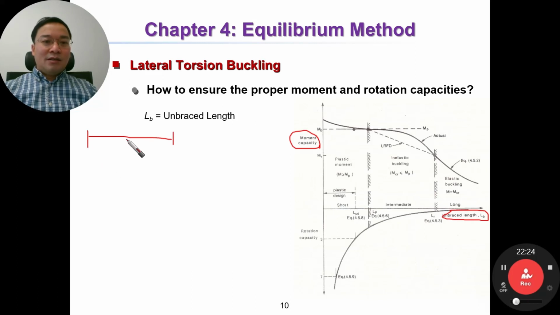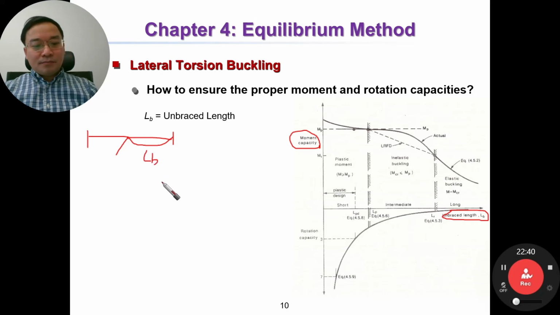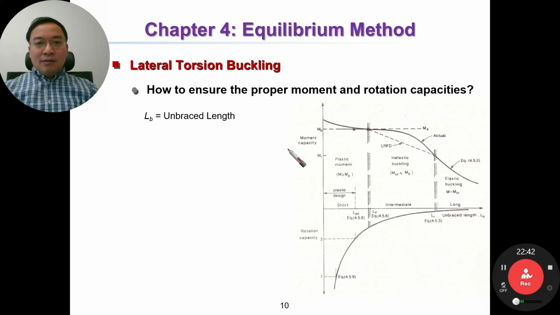If we have a horizontal beam here, it is braced. Then the length from here to here is called the unbraced length.